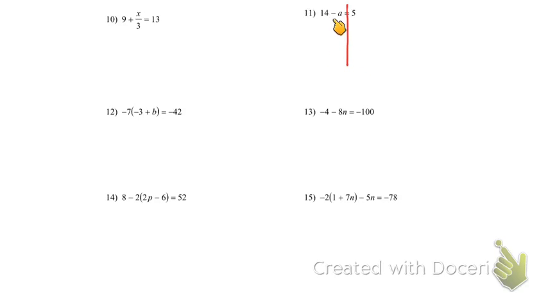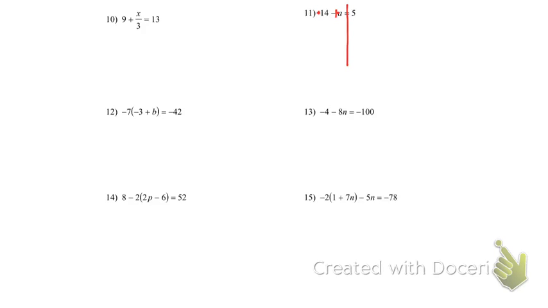Okay, no distributive property, no combine like terms. Same thing over here, no distributive property or combine like terms. So we want to get rid of 14. And remember, there's really a negative 1 here. Okay, so we want to get rid of the 14 and the negative 1. We want to do 14 first, and the 14 is adding.